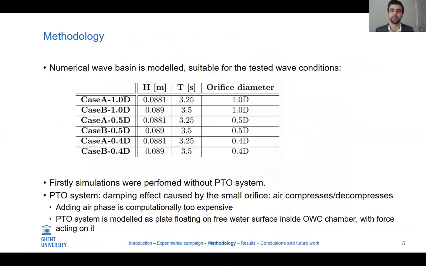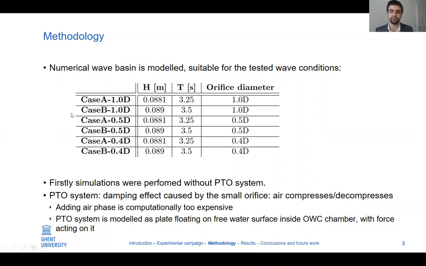Selection is made from the experimental cases to simulate with DualSPHysics, as you can see from the table. Firstly, a numerical wave tank is modeled that is suitable for the scale of the tested wave conditions. Simulations are performed with and without power takeoff system, in 2D and in 3D. Without the PTO system, the orifice diameter equals the duct diameter. That's what we mean with 1.0D in the table here.